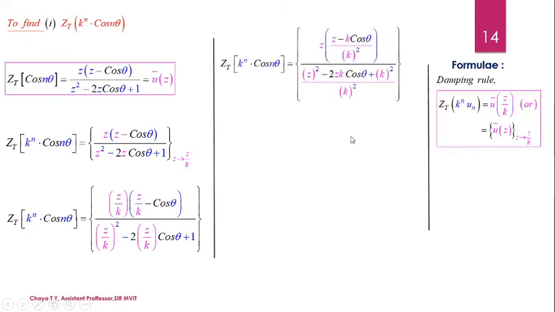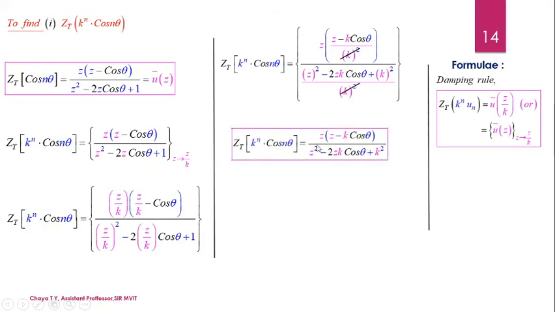When I take LCM, I will get k squared terms in the numerator and denominator. Let's simplify these two, and what are we left with? We are left with z times of z minus k cos theta divided by z square minus 2z k cos theta plus k squared.